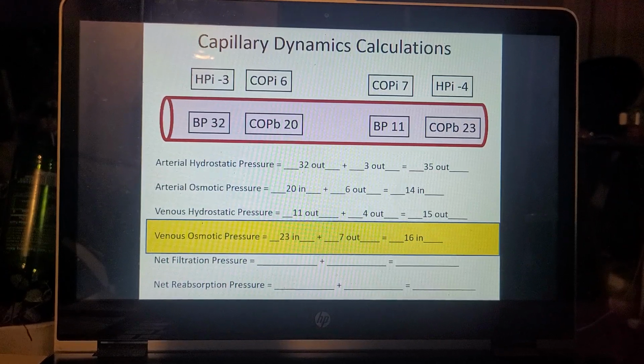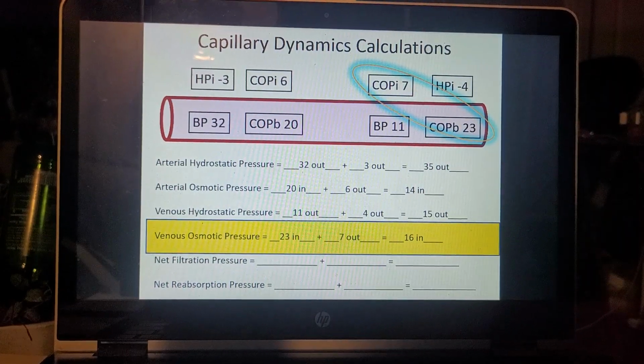For our net filtration pressure, which two pressures are we comparing and what is the math? Oh, sorry, forgot that part. Just circling that one. Okay, try again.